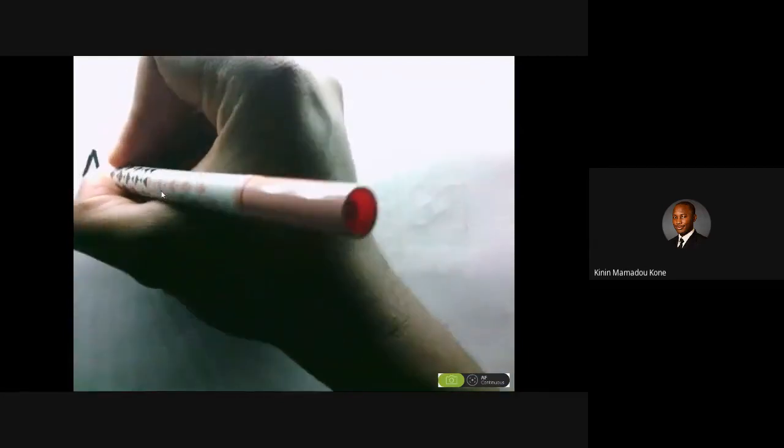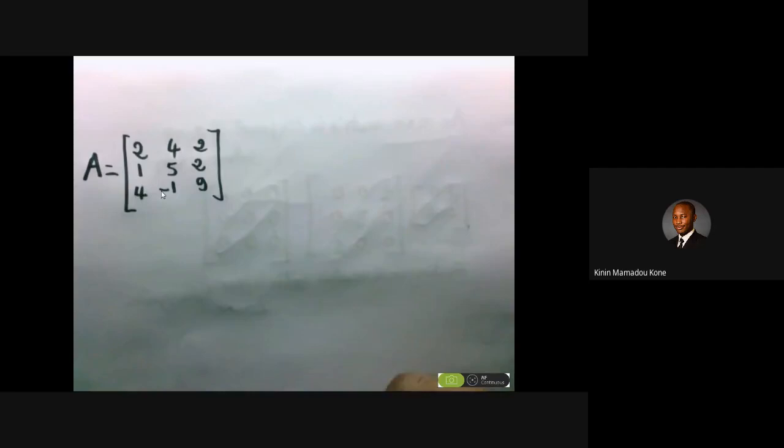We are going to do a regular row reduction, but with a very small difference. You have your matrix A with entries 2, 1, 4, 4, 5, -1, 2, 2, 9. That's your matrix A. We want to use row operation 3 to carry out the reduction process.